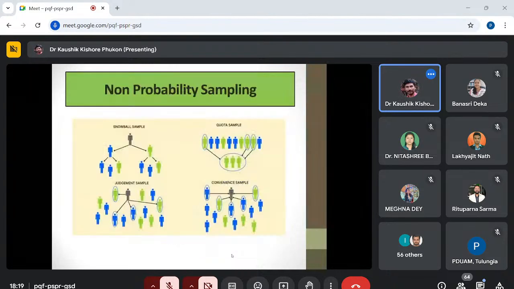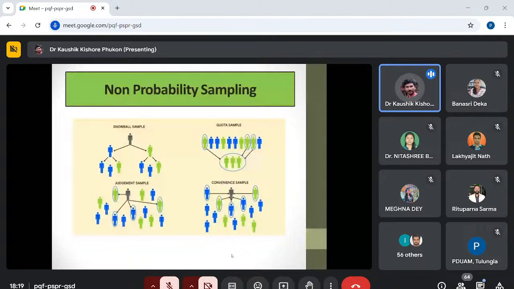Okay, so this is the next slide, showing all 4 types of non-probability sampling: snowball sampling, quota sampling, judgment sampling, and convenience sampling. All are different. You can see very clearly in the picture. Snowball sampling: first you approach one, then you spread your survey.